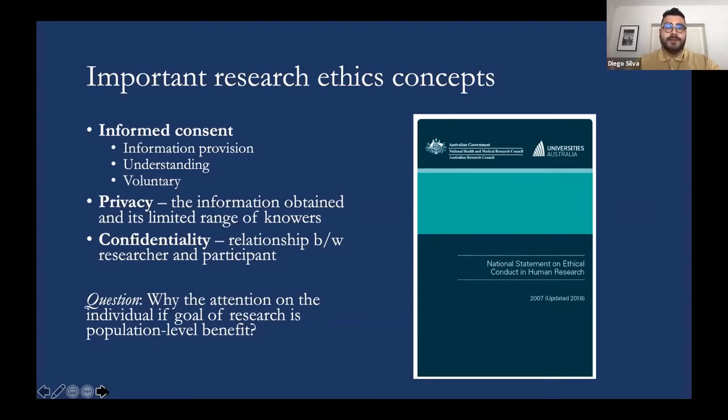It's not necessarily the same, a quantitative study that's a drug trial is different than a qualitative interview study. But the idea is that you're trying to get knowledge out there into the world, again, to benefit groups, to benefit society. But the attention of the protection is on the individual participant.